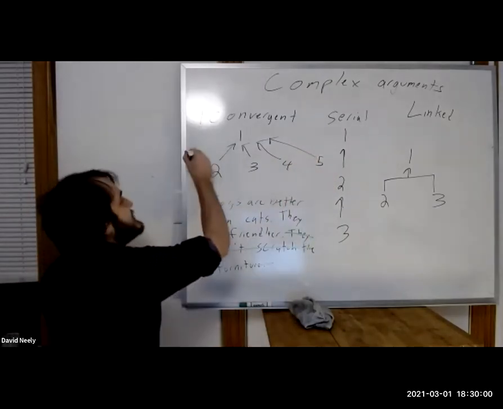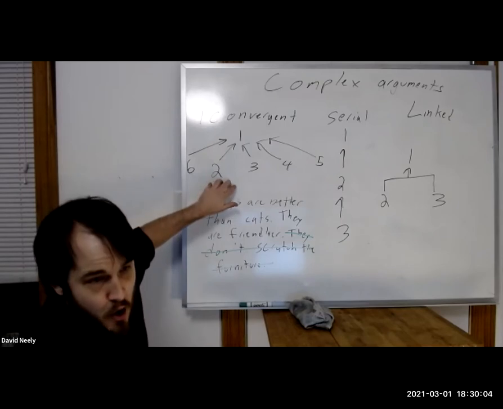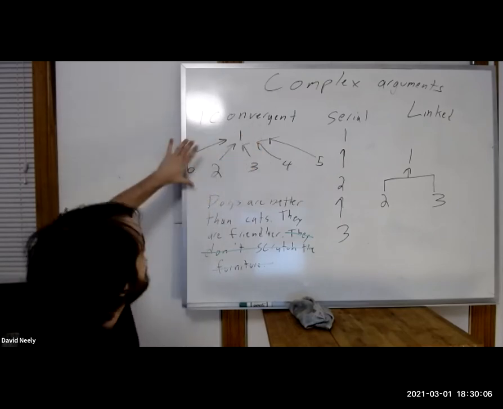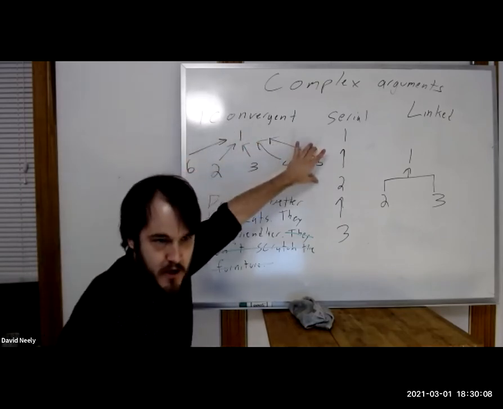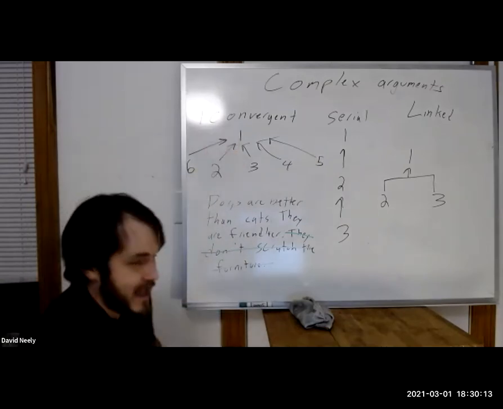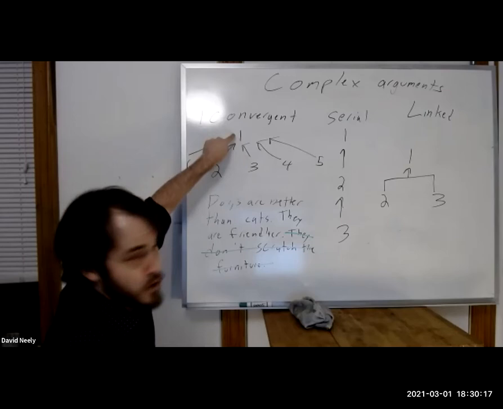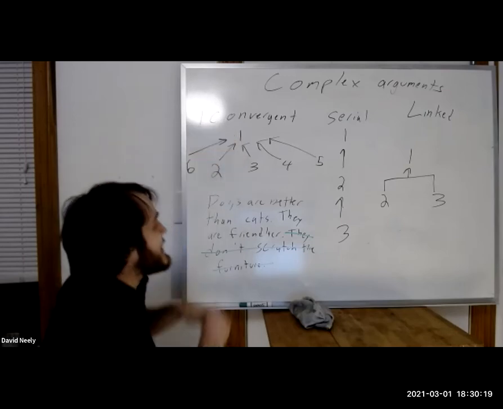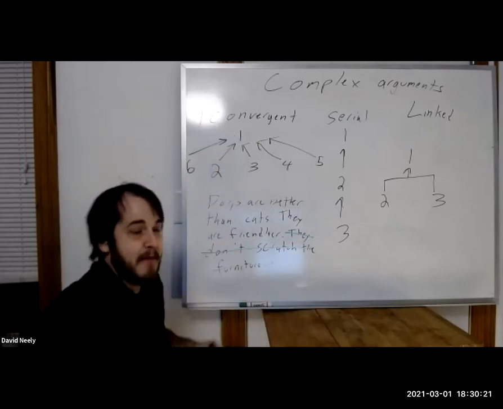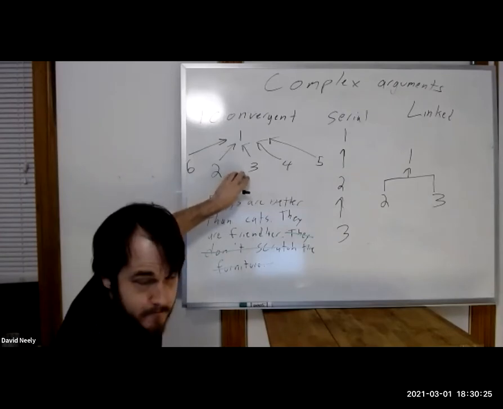In theory, this would be a complex argument structure with 5 premises arguing for one conclusion, but all of them are convergent. So convergent is just independent reasons to accept one thing. In the simplest case, it's 2 things working towards one other thing, but it can go up to as many as possible. And this is the first building block that can exist in a complex argument.